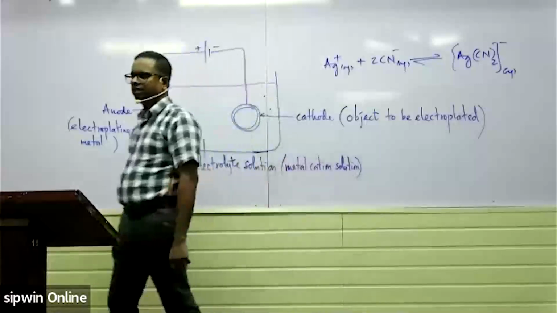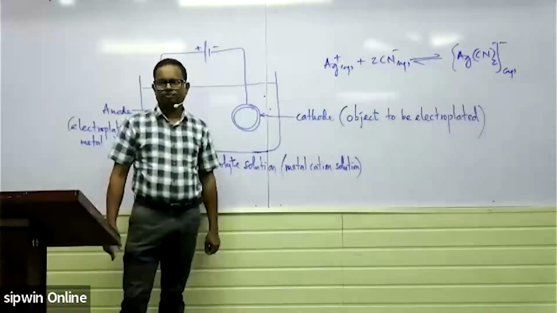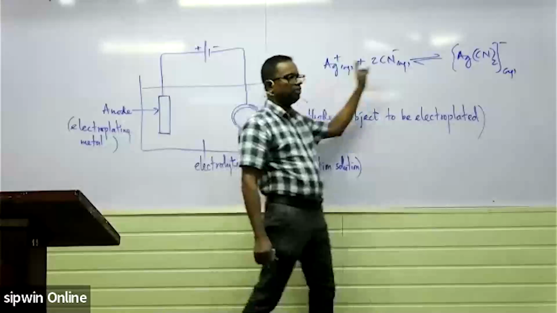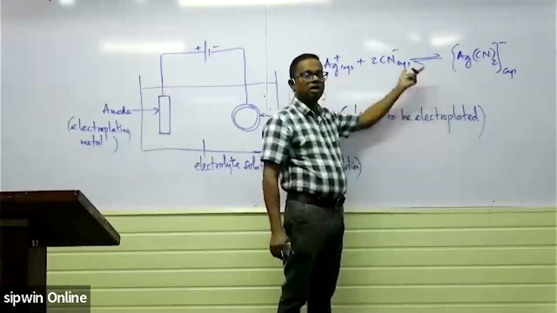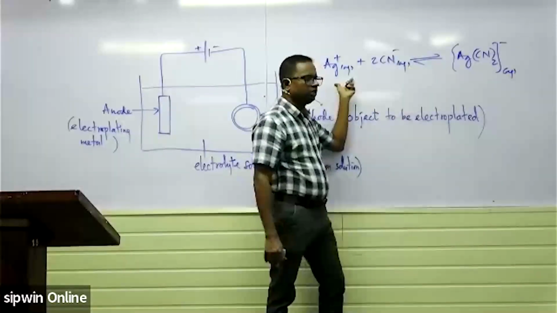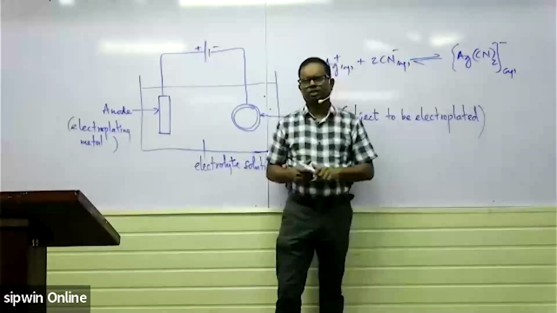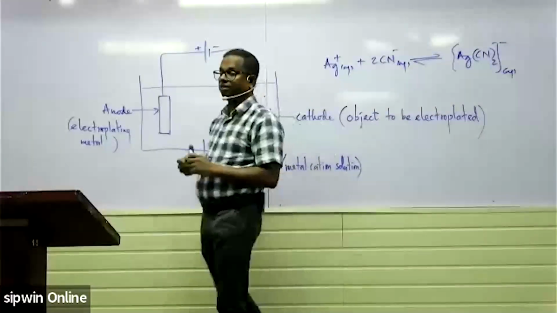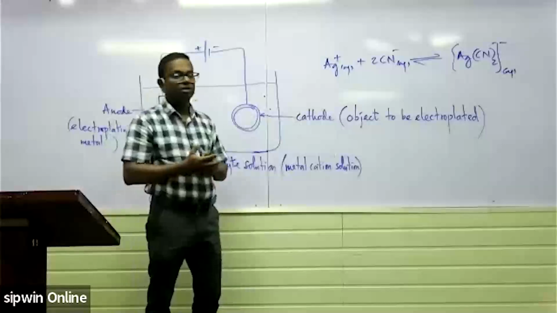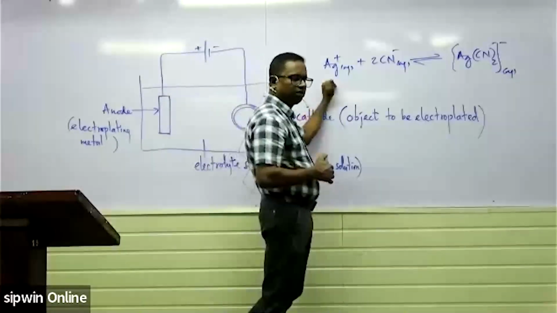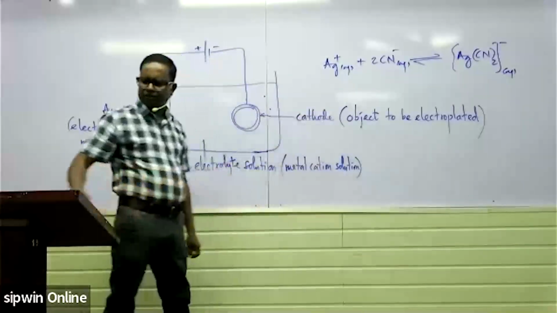With that we maintain the silver ion concentration at a low value. This equilibrium tends more to this side. Equilibrium constant high, with that very low silver ion concentration. Maintain a low silver ion concentration, right?